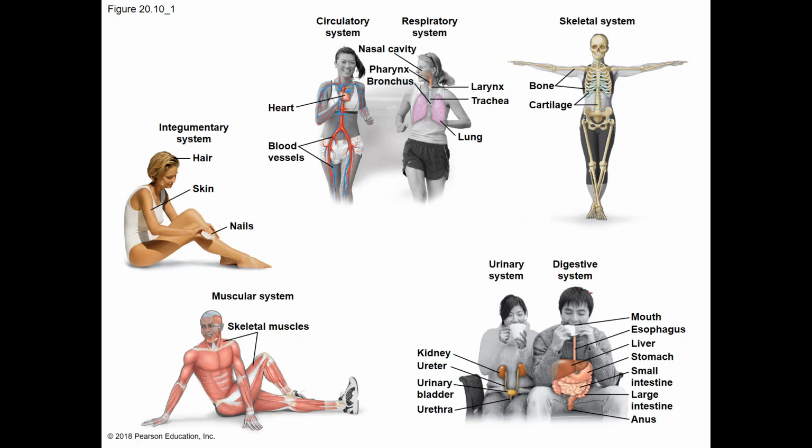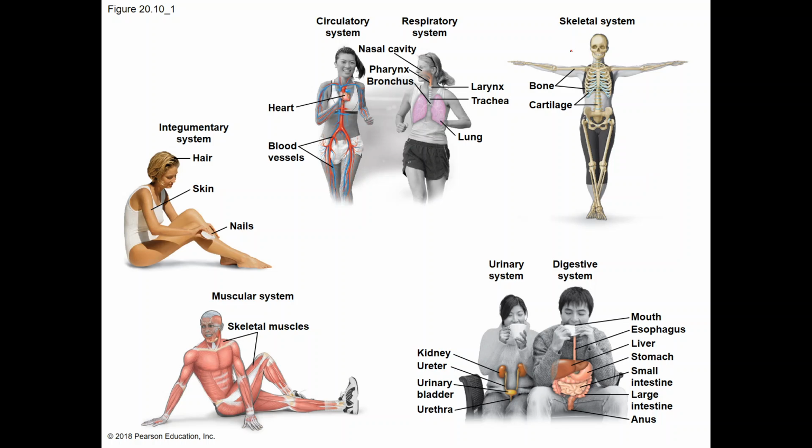Our urinary system and digestive system are two systems that work really hand in hand, which is why they're placed in this way. The urinary system processes liquid that is taken into the body and excretes liquid waste. The digestive system processes food and excretes solid waste.